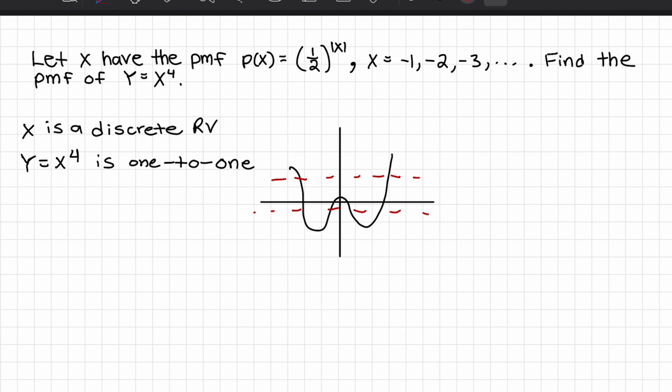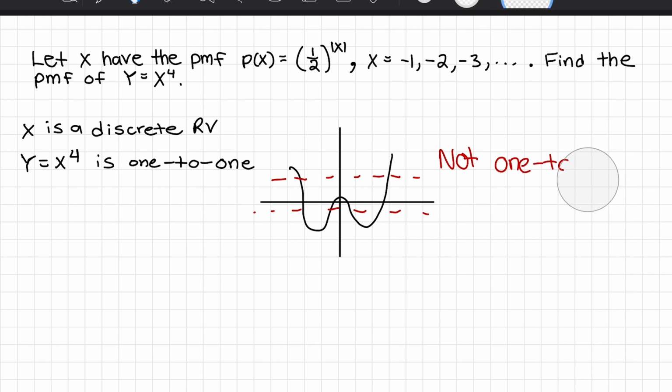Therefore, y equals x to the power of 4 is not one-to-one. Since our transformation is not one-to-one, we can't use the series of steps that I have outlined in a previous video. Therefore, we're going to have to figure out the PMF case by case.